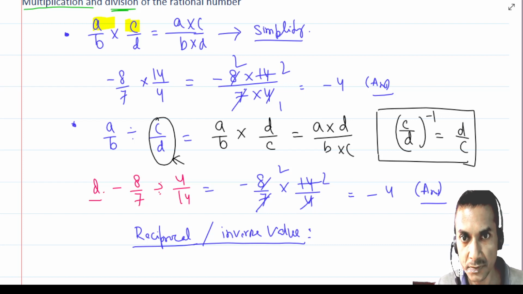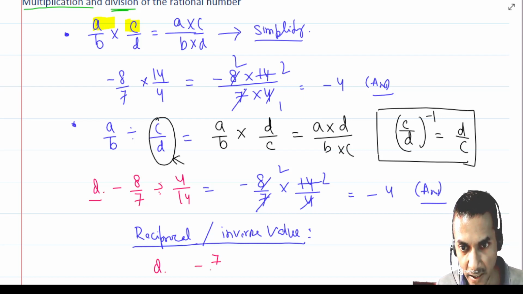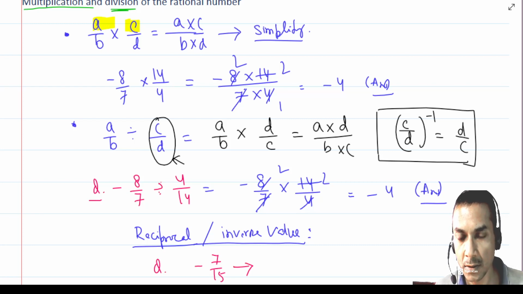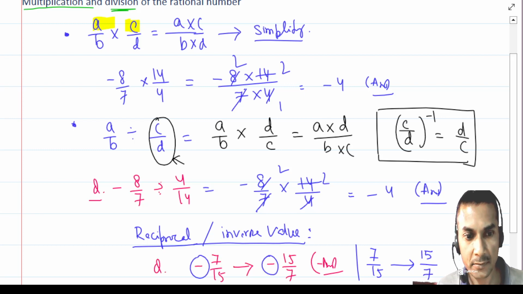For example, if the question is what is the reciprocal of minus 7 by 15, you have to convert it to minus 15 by 7. This is the right answer. Clear? So there will be no change of the minus sign. If it is plus, then it remains plus. Clear?